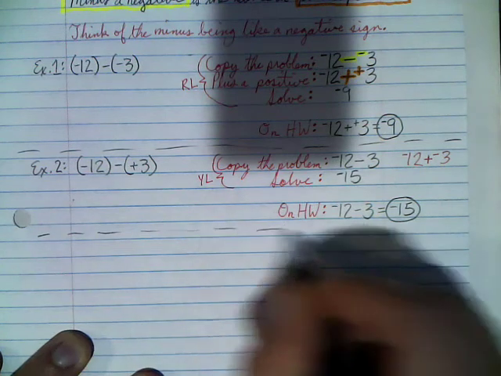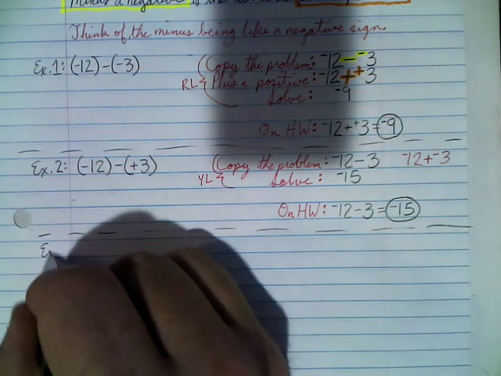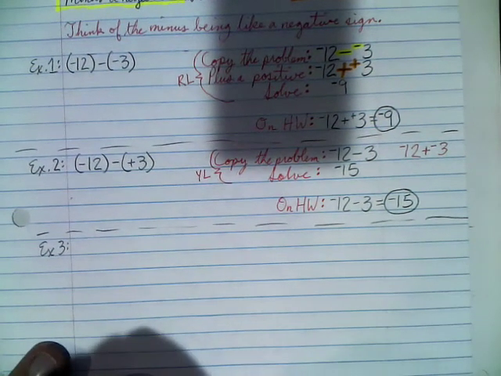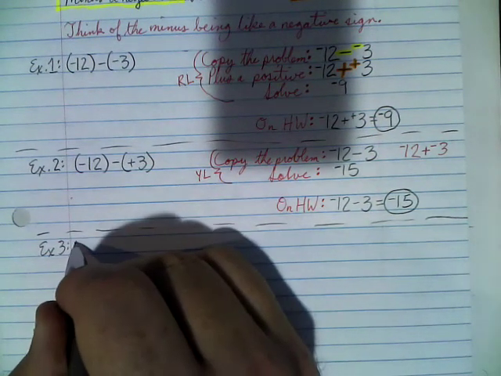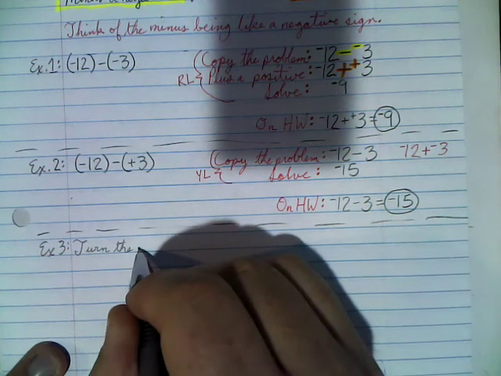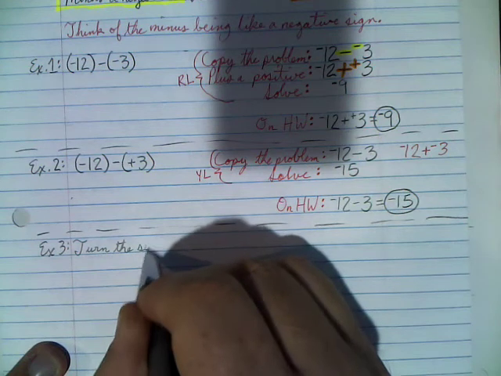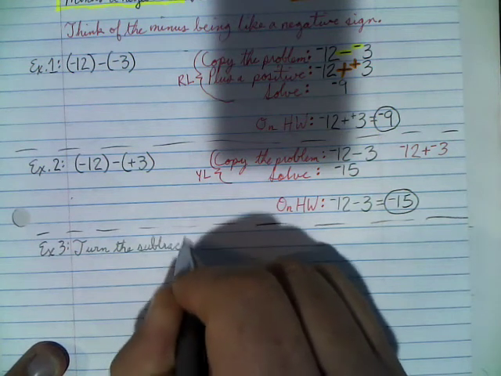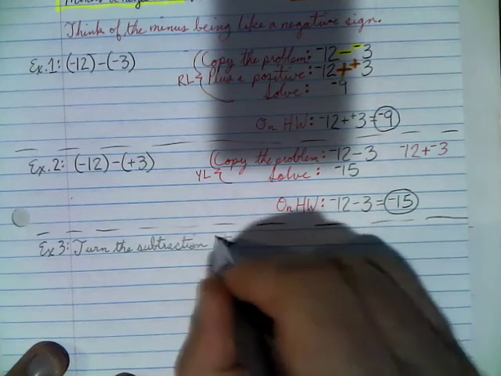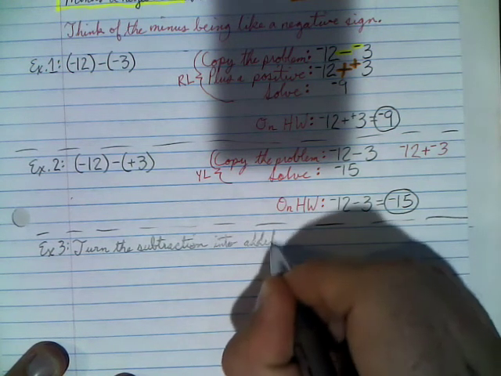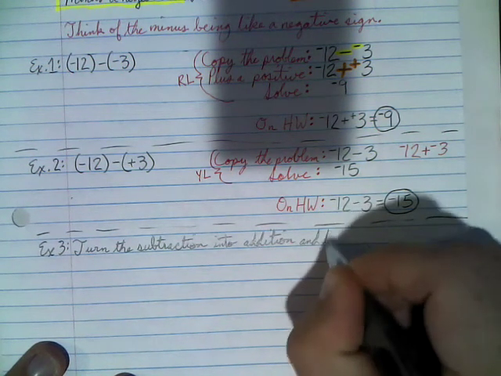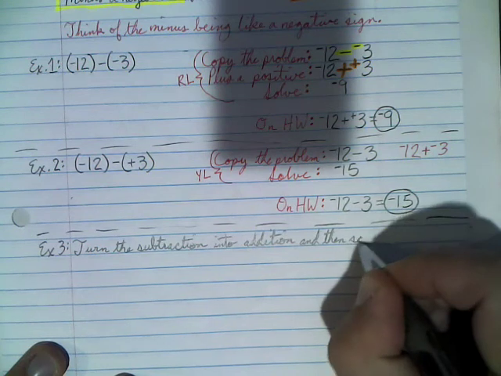Dash line, example 3. For example 3, let's say we had the directions to turn the subtraction into addition and then solve.